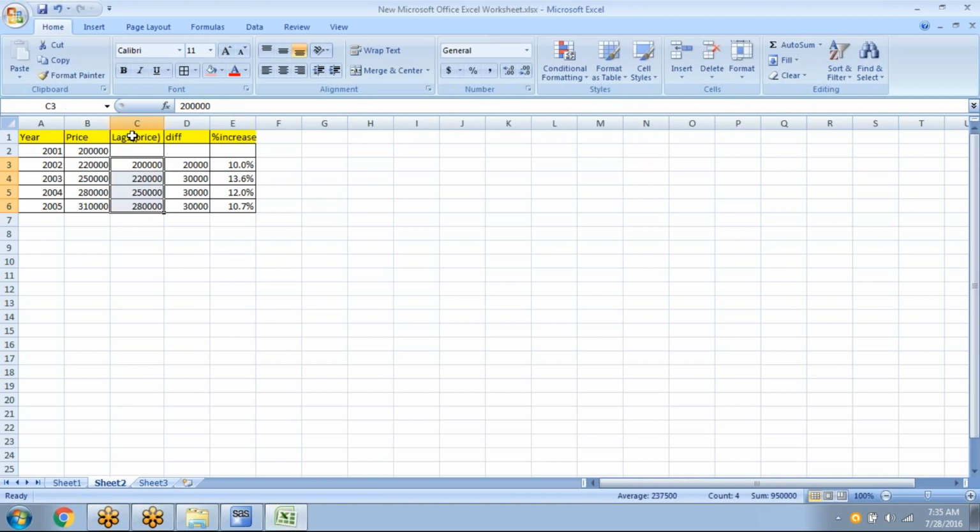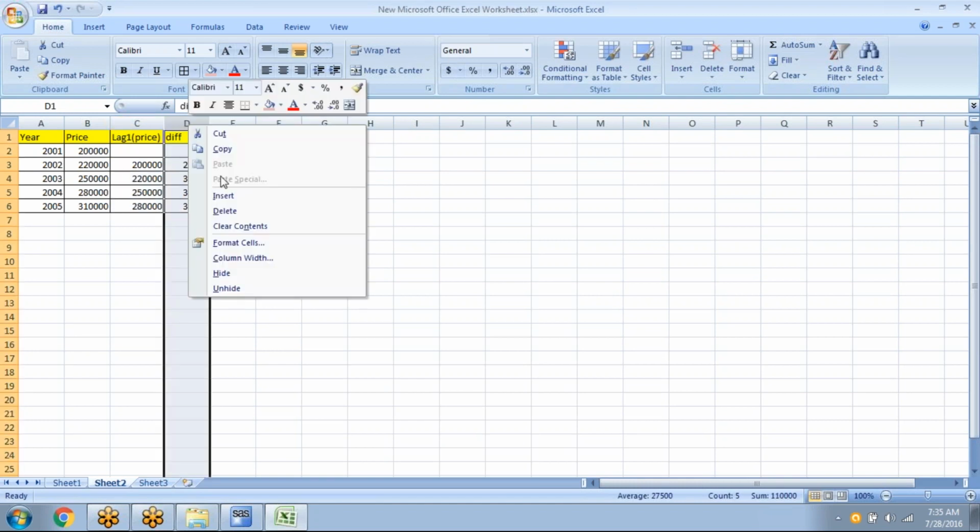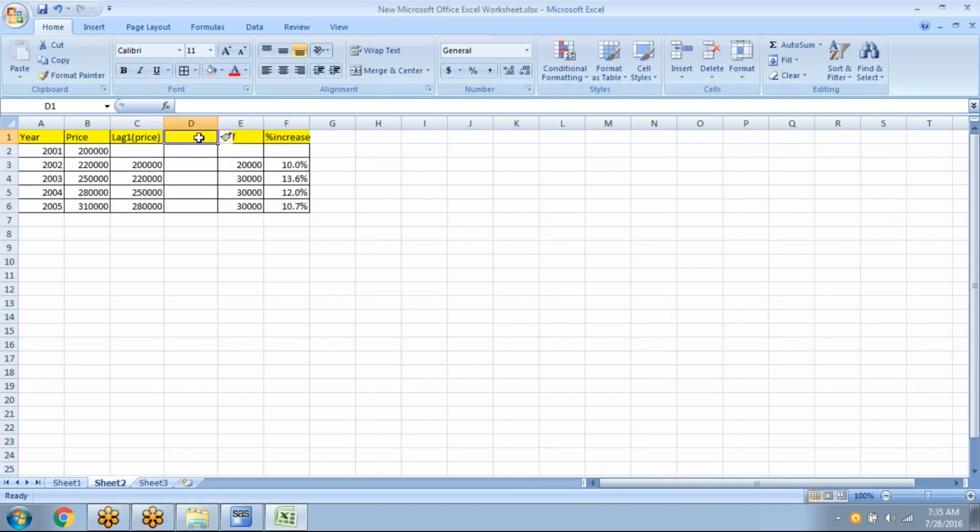Let's say you said lag 2 of price. You wanted to read here what happened in lag 1. Simply it went to the immediate preceding record, and it picked that value.